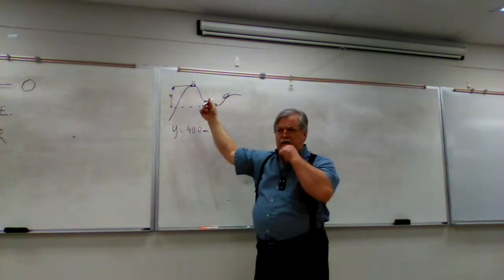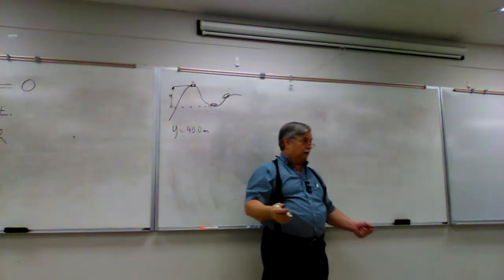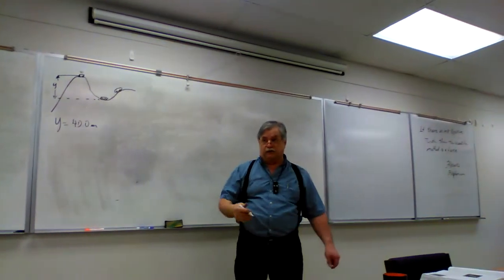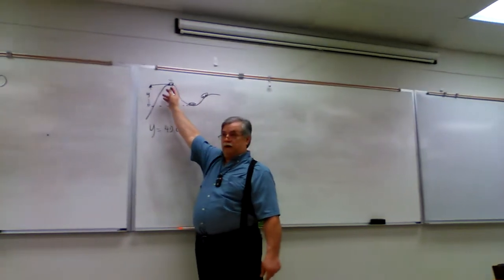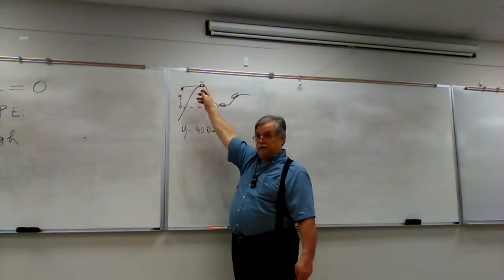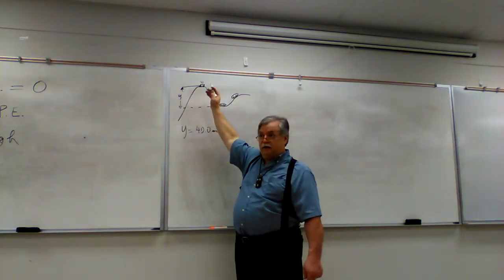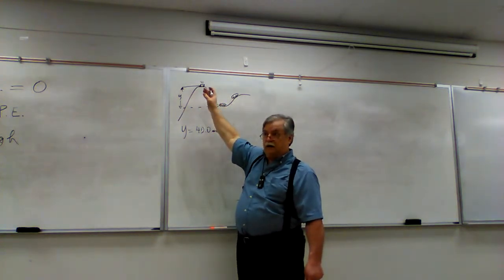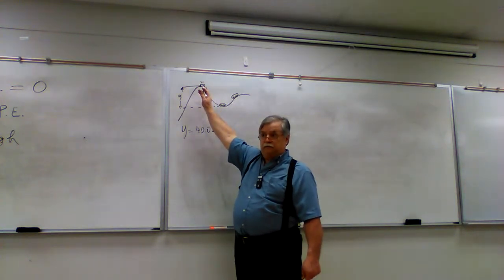Let's work it the way they did, but then I want to go back and look at it, because this is part of the power of this whole work energy principle. We don't have to assume that it's at rest at the top. We can assign it some value of some velocity, some speed that it's moving at the top of that hill, and that's just the kinetic energy part of its total energy at that moment.